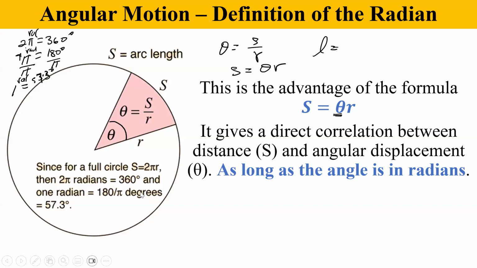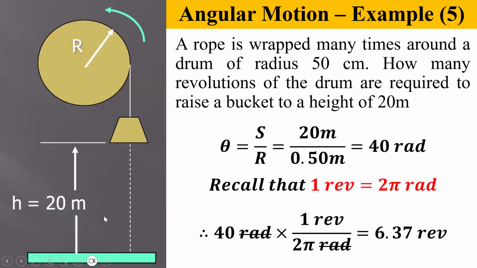All right, so let's move on because this is useful. Here we go, looking at an example, but this time the example is in angular motion. We have a rope, and you wrap the rope many times around here.